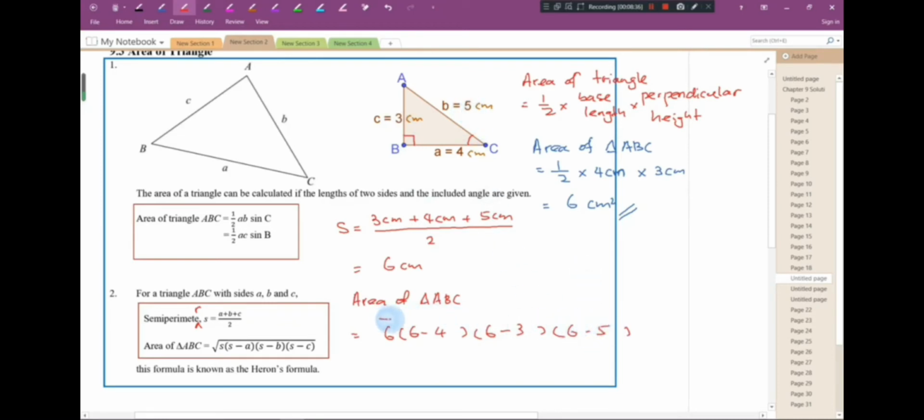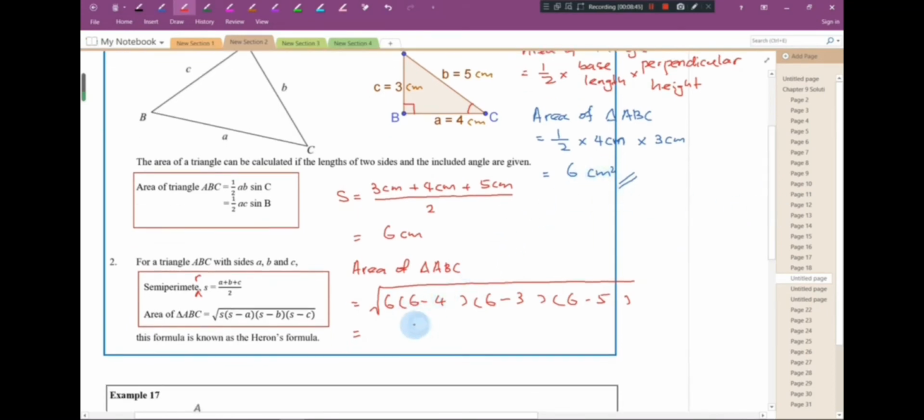And then we have to square root this whole thing. Okay, let's check whether we can get the same answer. So this is 6, and this is 2, this is 3, and this is 1. Square root it. Here you will get 36. Square root of 36 is equal to 6. Okay, we still get the same answer.